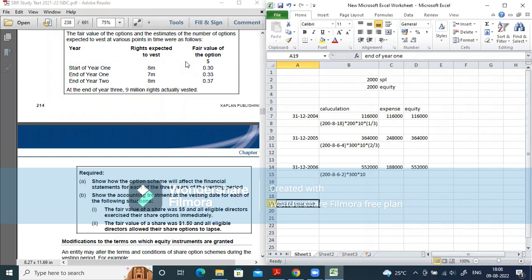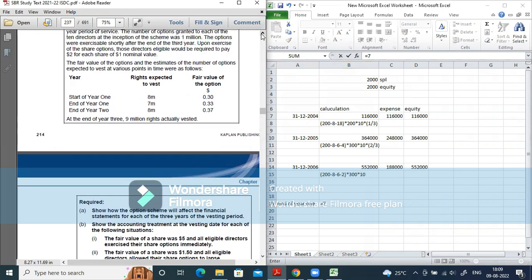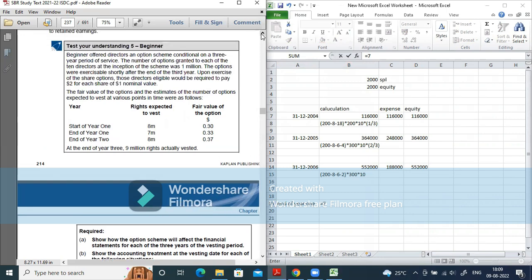So first, how many rights are expected to vest at the end of year 1? 7 million. And what should be the fair value of the option? Do we need to consider 0.33? Because the standard says that always we need to consider the fair value of the option on the grant date.